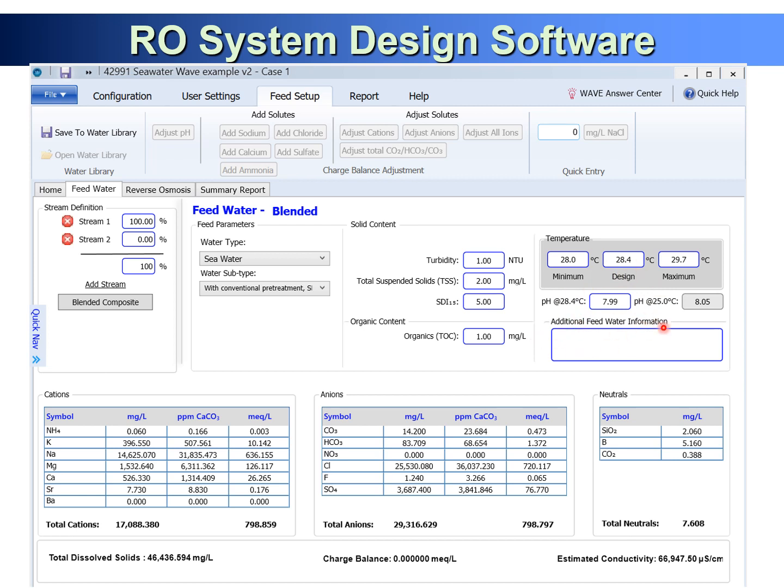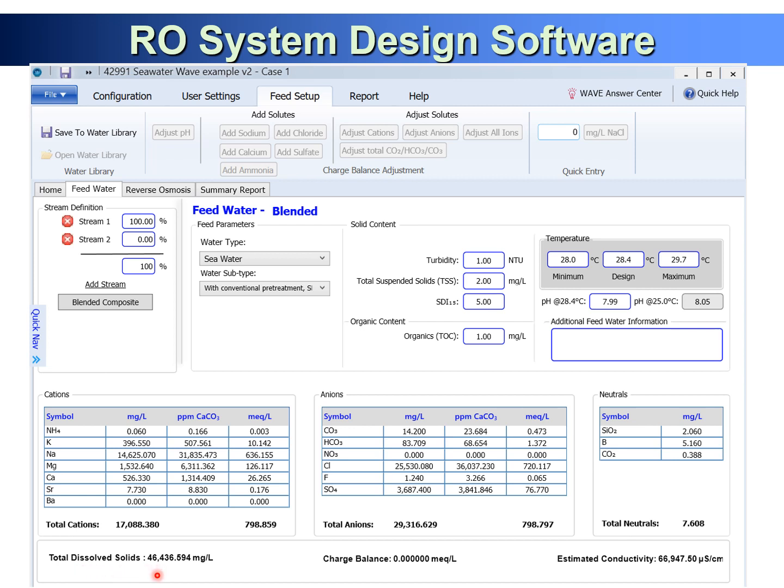7.99 pH, and you can enter your individual ions: ammonia concentration, magnesium concentration, barium concentration, anions, carbonate, bicarbonate, also chloride and sulfate concentration. If you put in all the concentrations, this will automatically provide total cations, total anions, and total dissolved solids.